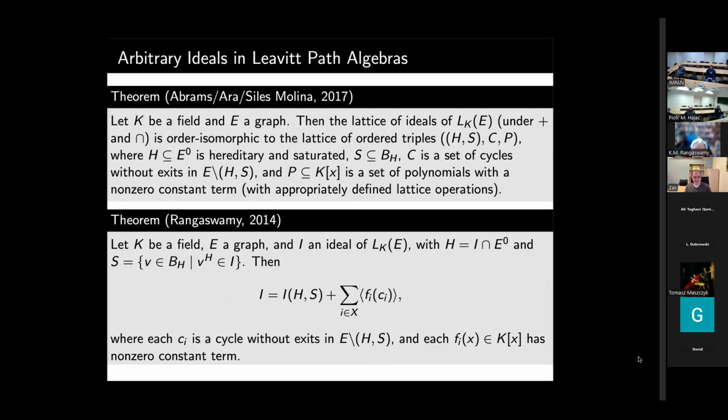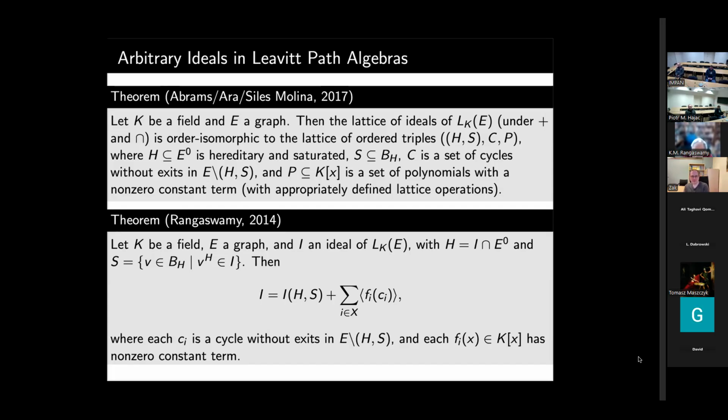So here's the result for Leavitt path algebras. This is all graphs. The lattice of all ideals now is order isomorphic to this lattice of, again, ordered triples. The details are all different, but from 1,000 feet away, it's sort of similar. The first component is a hereditary saturated set of vertices, but now plus some breaking vertices.